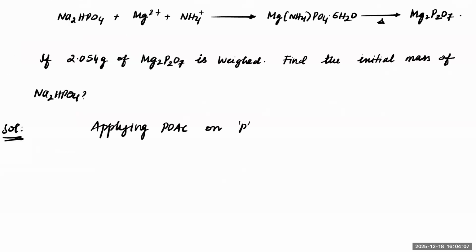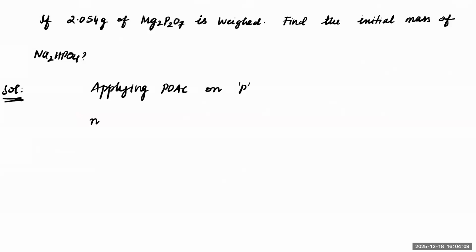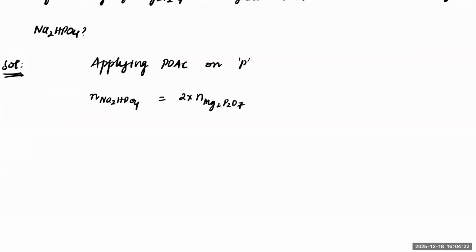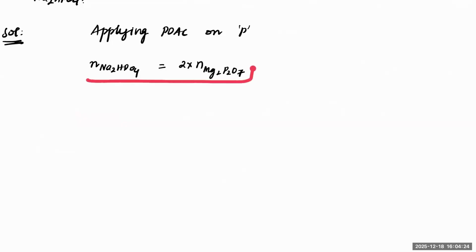So you can see what I can write. Number of moles of Na2HPO4 must be equal to 2 times the number of moles of Mg2P2O7. Do you find any doubt in this step? Very good.